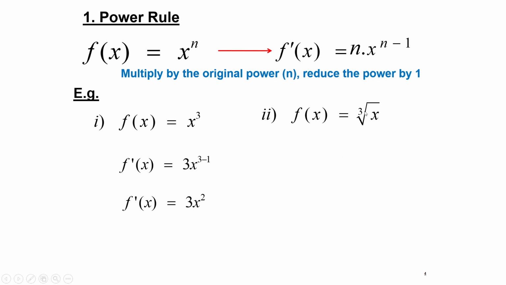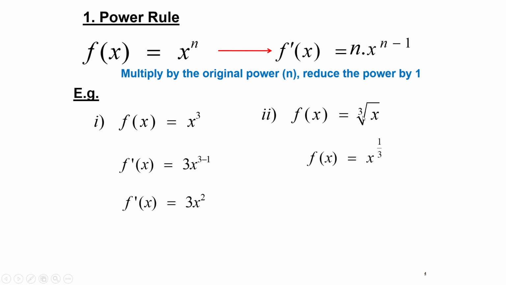When you have a cube root of x, sometimes you are given it this way, cube root of x. Remember, this is cube root. This is not 3 multiplied to root of x. The 3 is hanging here, indicating that this is cubic root of x. So when you have it in this form, it's best to put the cubic root in power form first.